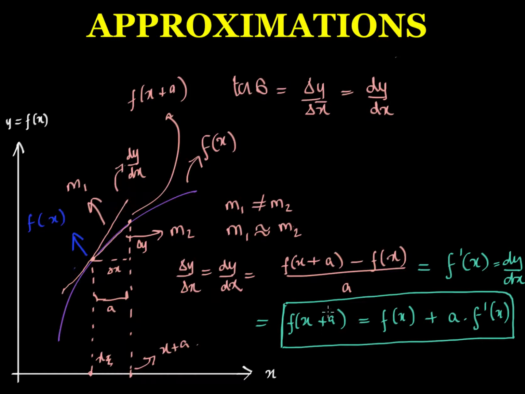What this says is that f of x plus a is equal to f of x plus the amount it climbs, the slope it rises times a, which gives us this value, f of x plus a.